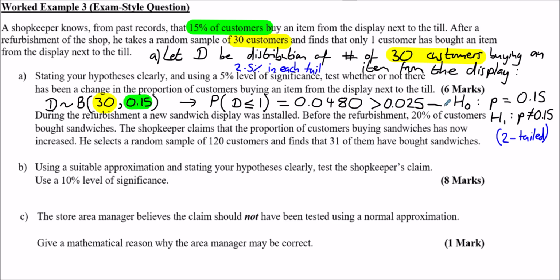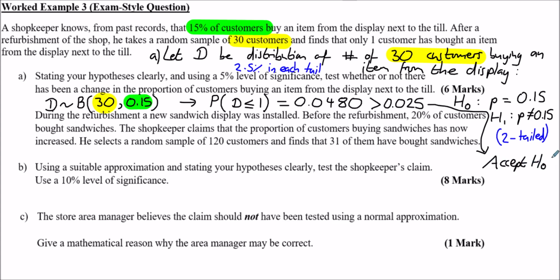So for this one, we therefore realise that this statistic is not critical, because this is greater than the significance level in this tail. We therefore still accept H0.